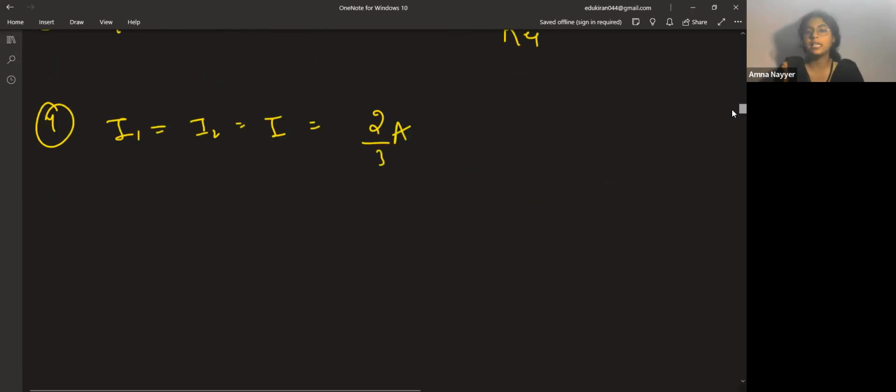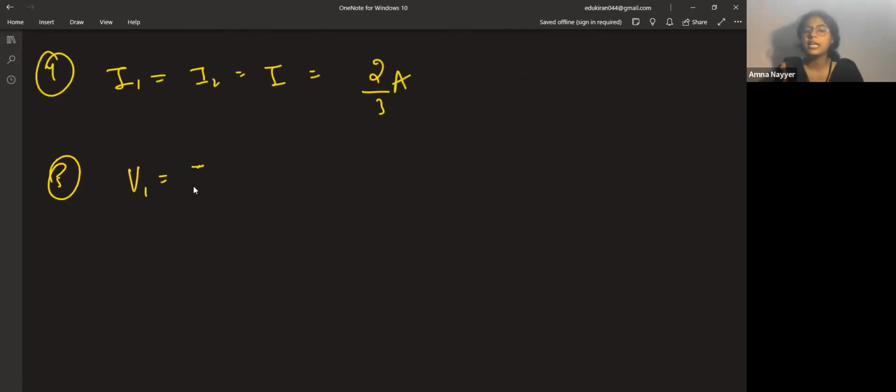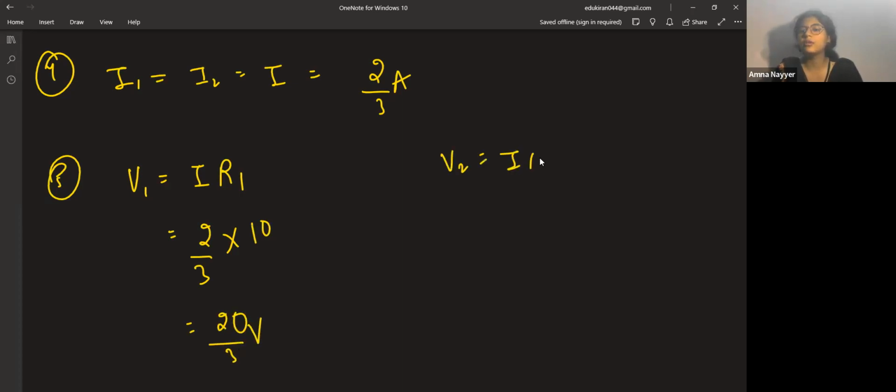The last part says voltage across each. Yes, voltages will be different. V1 will be I into R1, so 2 by 3 into 10, that is 20 by 3 volt. And V2 is I into R2, which is 2 by 3 into 5, so this is 10 by 3.